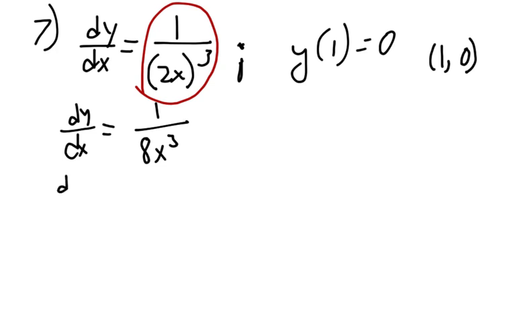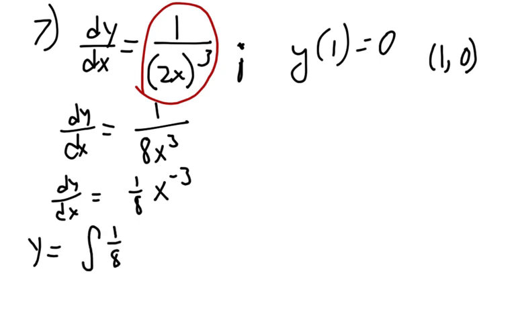And when I'm going to integrate, it's going to be better to just have 1/8 times x to the negative 3 power, so I can use my power rule backwards. So, my y equals equation is going to be the integral of this 1/8 x to the negative 3 dx. So I can take the 1/8 out in front.